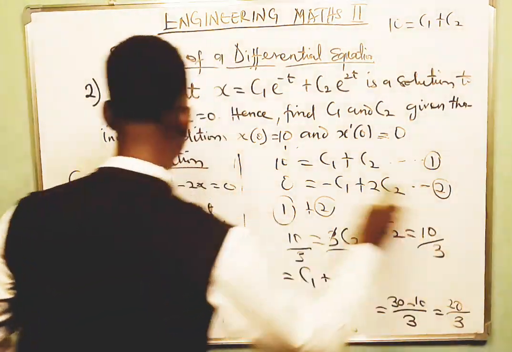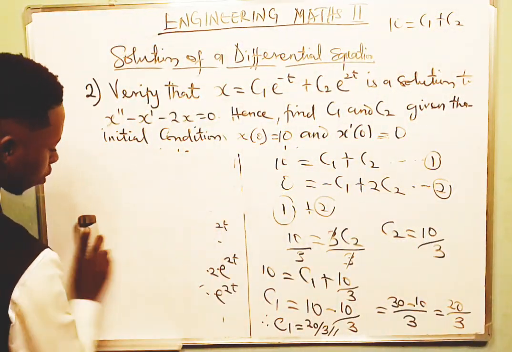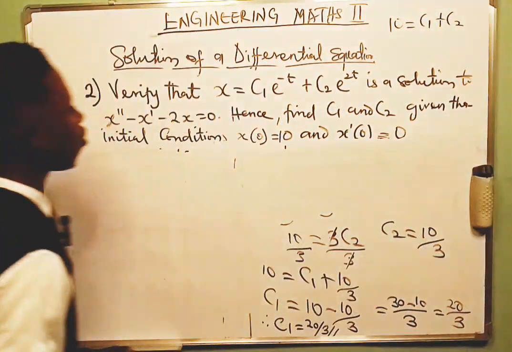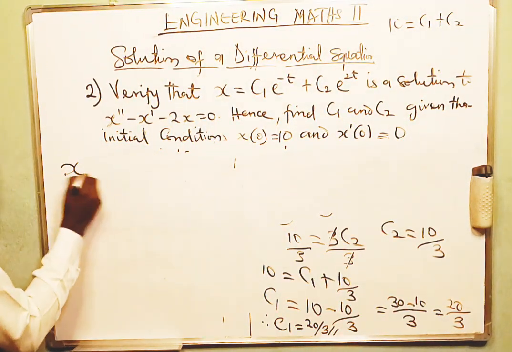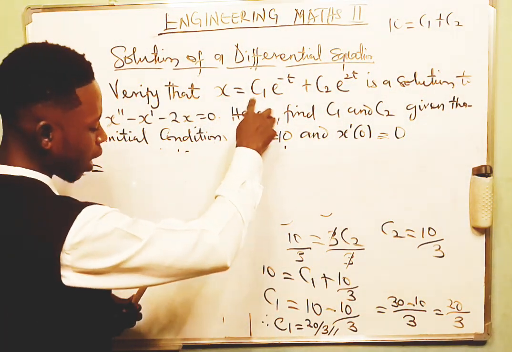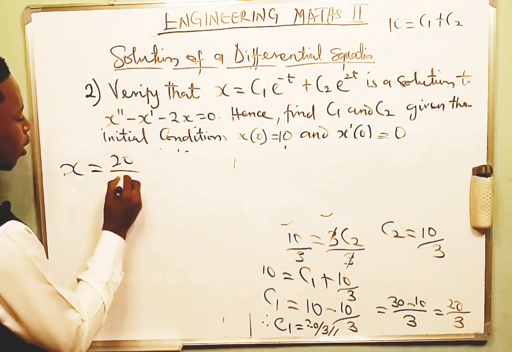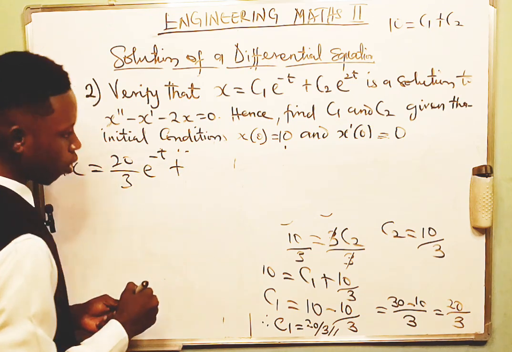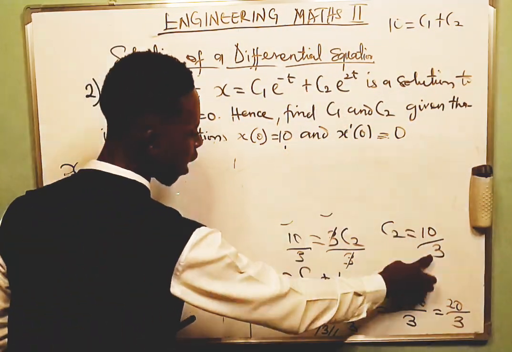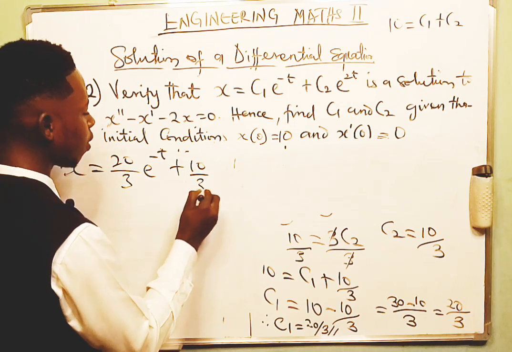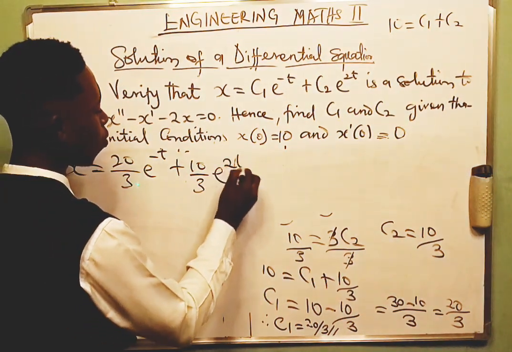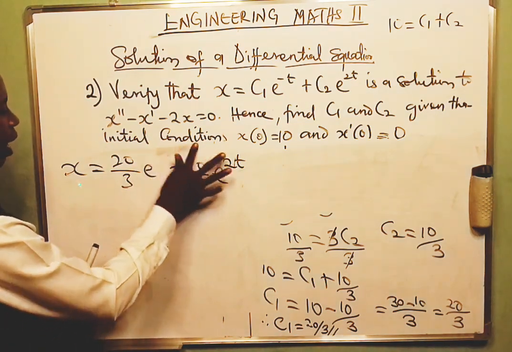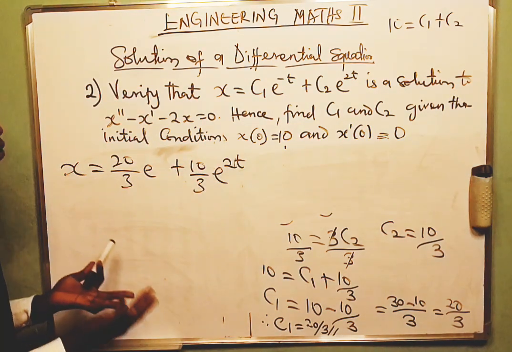Now you go back to the equation which they gave to you, which is x equal to C1, and our C1 is 20 over 3 exponential minus t, plus C2, our C2 is 10 over 3, exponential 2t. You may stop here as your final answer.